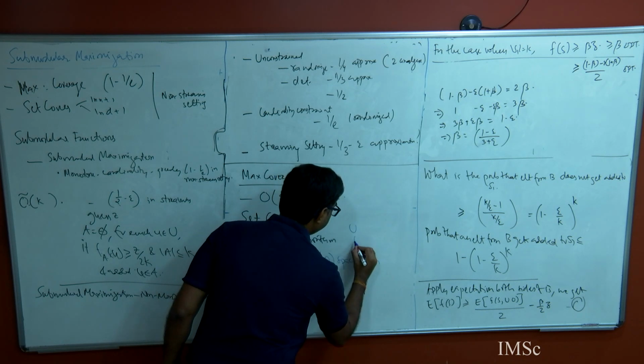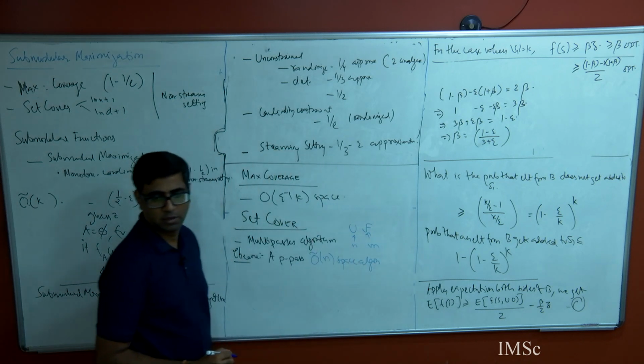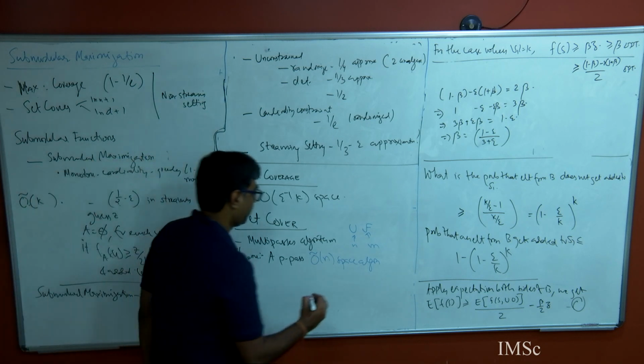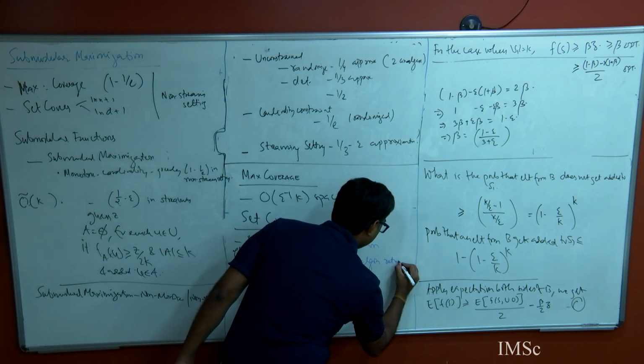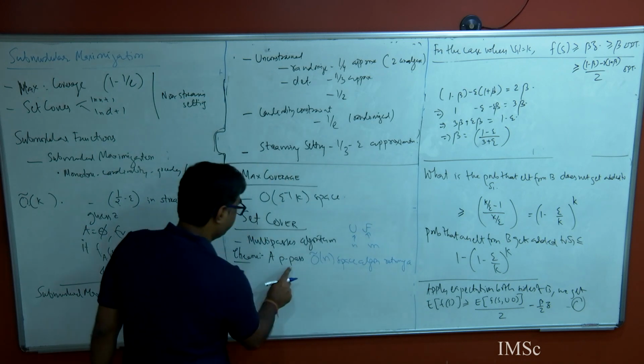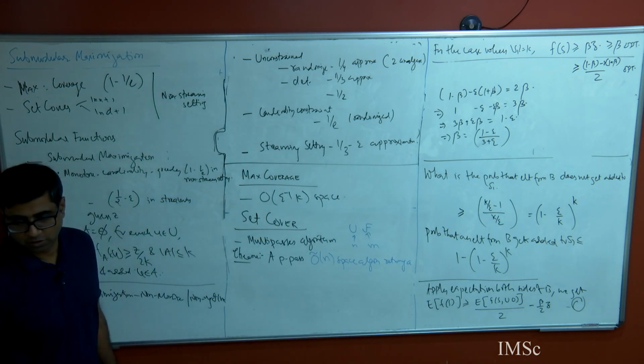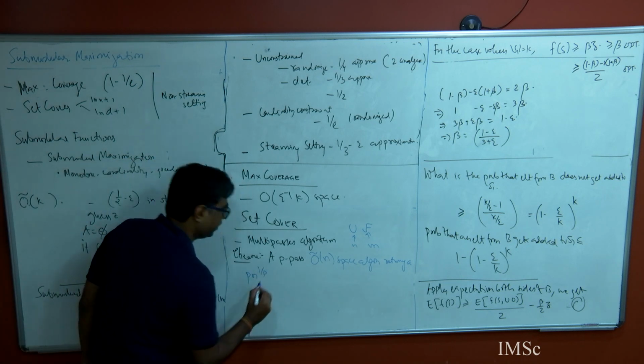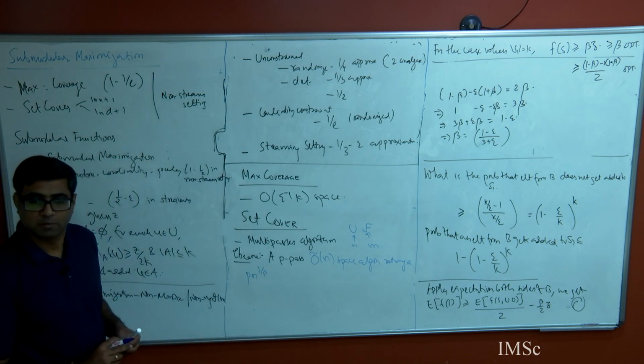Here the universe has size n and the family has size m. So a p-pass O tilde n space algorithm returning a p n^(1/p) approximation for the minimum set cover.